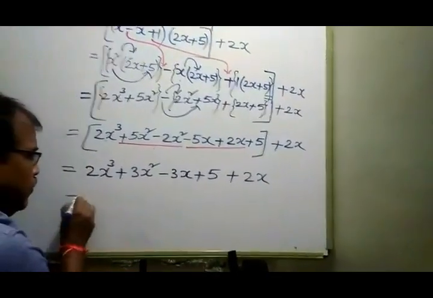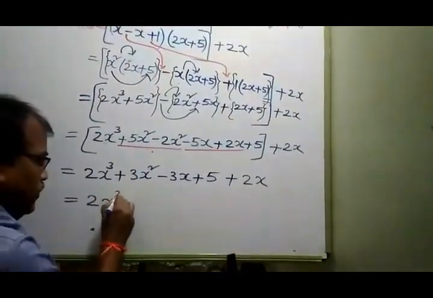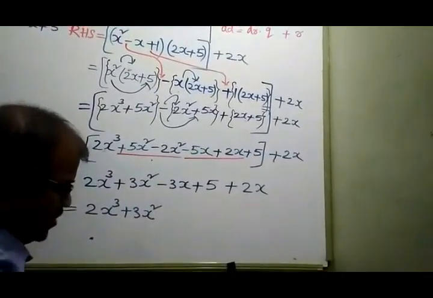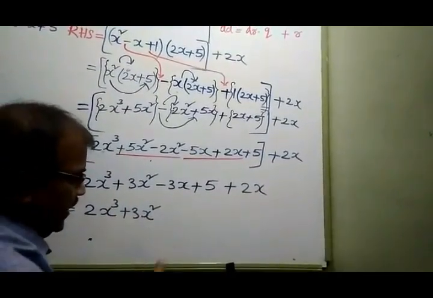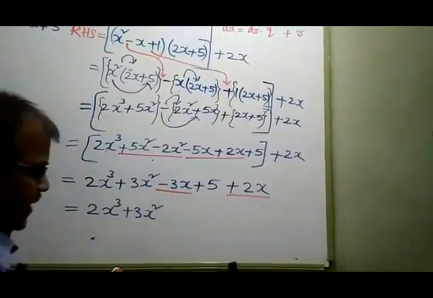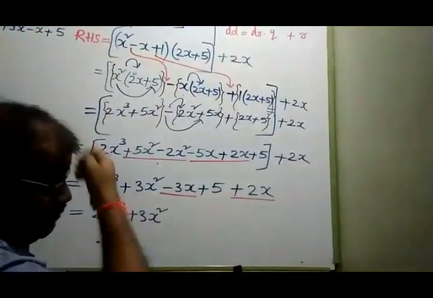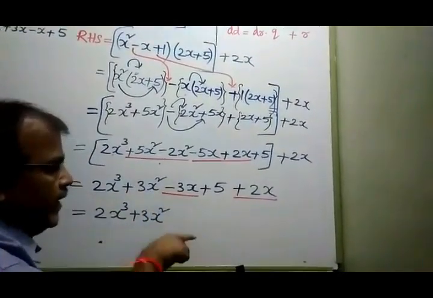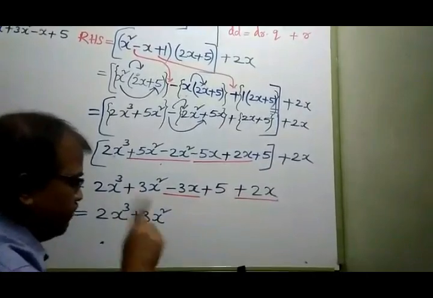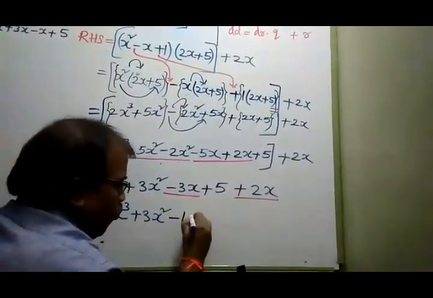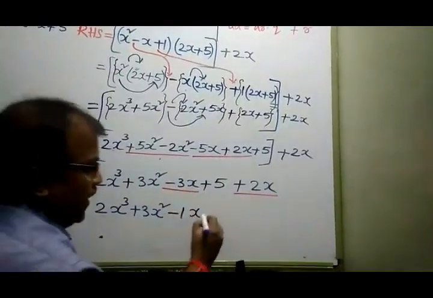Once again, 2x cube plus 3x square, and one last term I am going to simplify. Same family members are there: minus 3x plus 2x is minus 3 plus 2, that is 2 minus 3, answer minus 1, that's minus 1x, minus x. Plus 5.